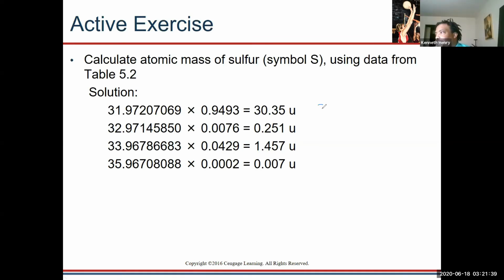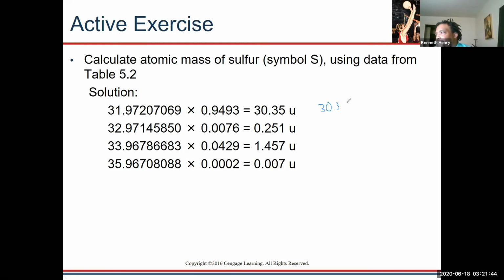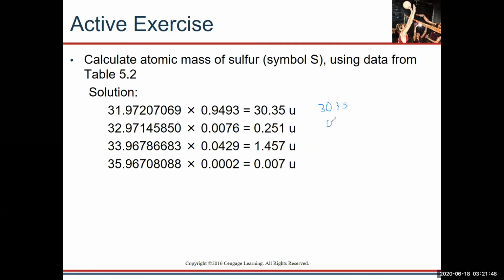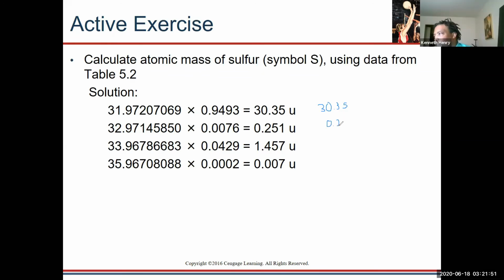Let me do this so we have 30.35. We have 0.25. We have 1.46. And then we have, this is only one sig fig, right? 0.007.